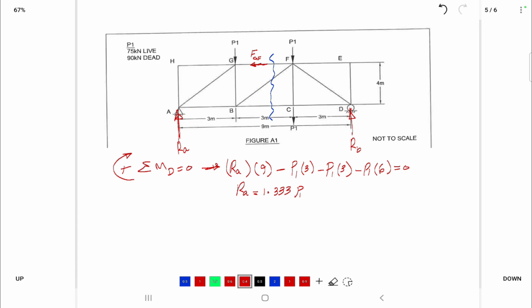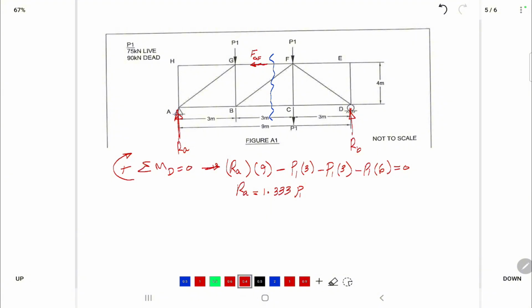If I take the left hand side portion, because if I cut here, the structure is theoretically divided into 2 parts, one to the right and one to the left, I can use either one. Now I will be using the left hand side part as it is easier.